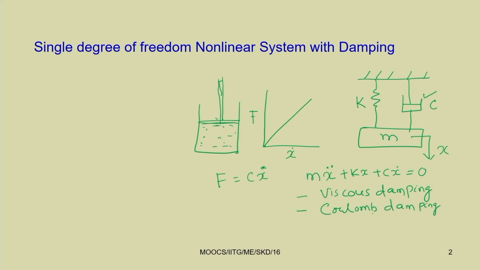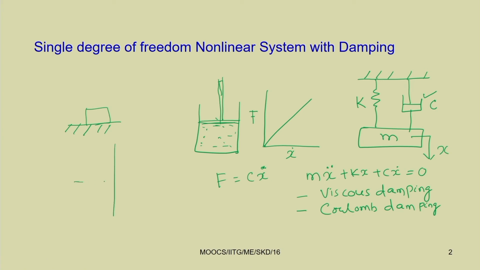In case of Coulomb damping, if two surfaces are there and they are moving on each other, for example, this is a surface and on this surface this body is moving, then due to the intermolecular friction they will experience Coulomb friction.